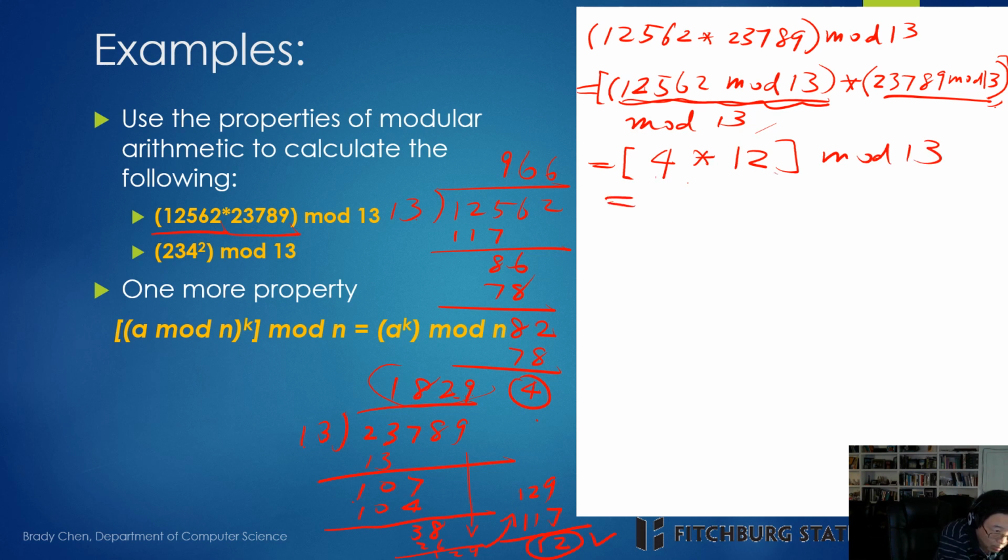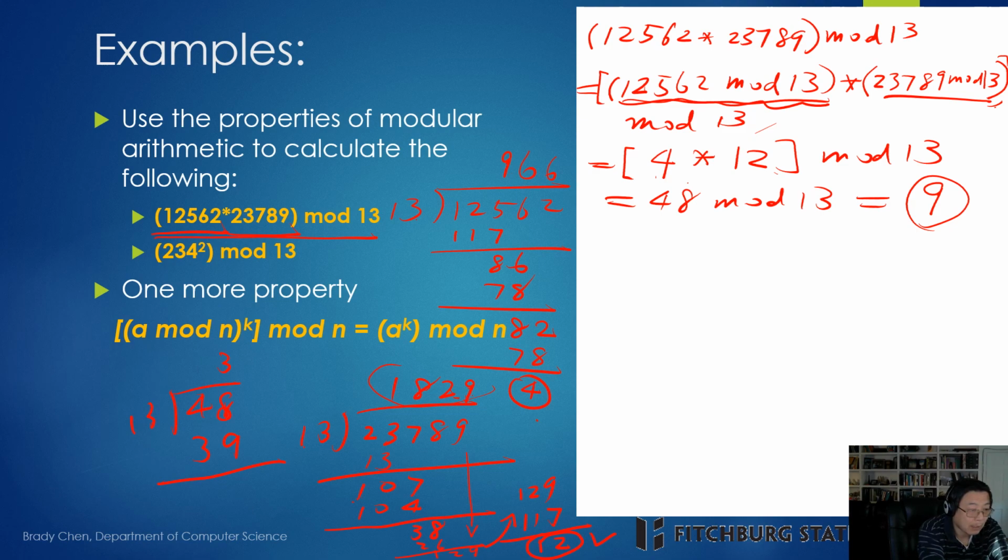So 4 times 12, we get 48 mod 13, right? What is the result? 48 mod 13. So we get 3, 48 minus, we get 9. Okay. So the result is 9.